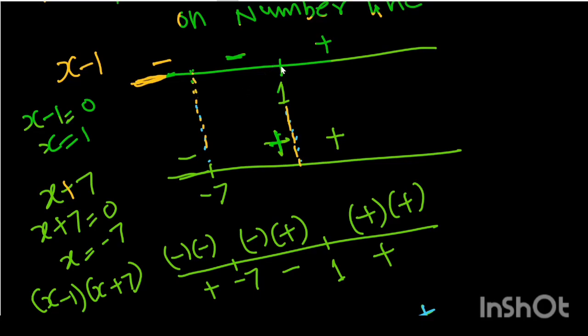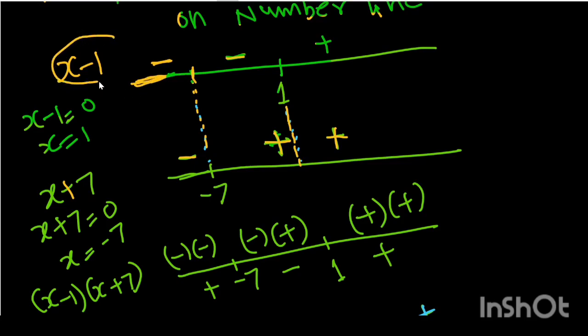So we saw that on the left hand side of 1 all the points gave a negative sign to x minus 1, and on the right side it was positive. The same for x plus 7: on the left side of minus 7 it was negative, and after minus 7 it was positive.